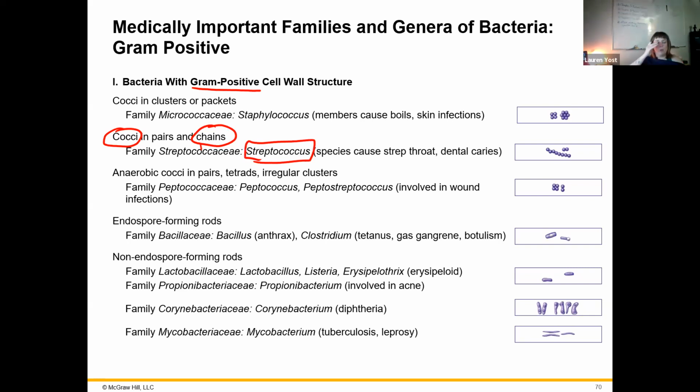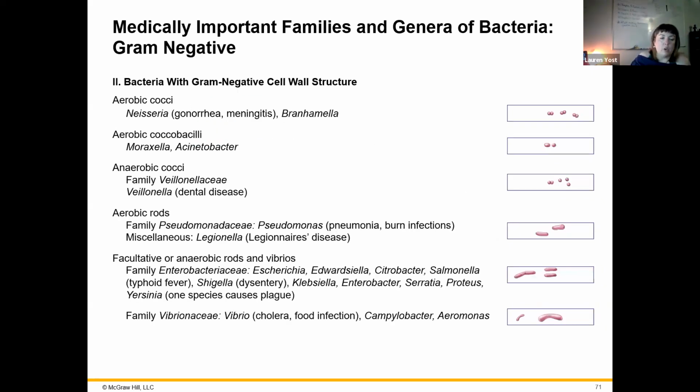So this might help you address how to treat the organism or how to better grow or culture the organism if you're having issues with it, and what sort of antibiotics to choose and all of that. Breaking it down this way, here are our gram-negative ones. Okay, are they aerobic or anaerobic? Okay, they're anaerobic.